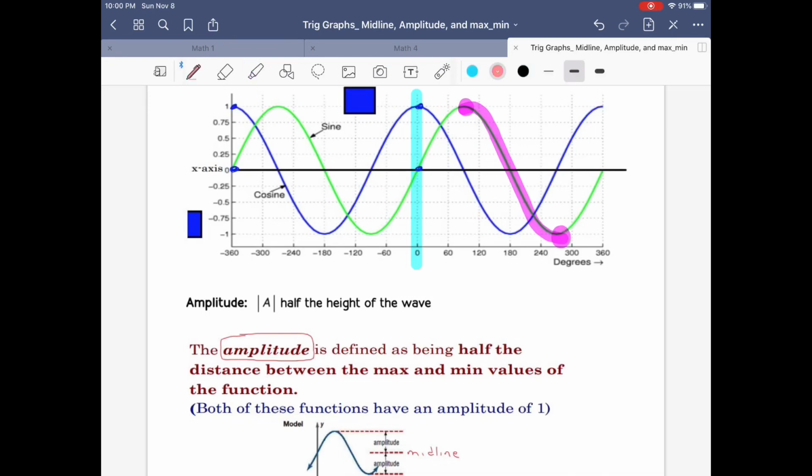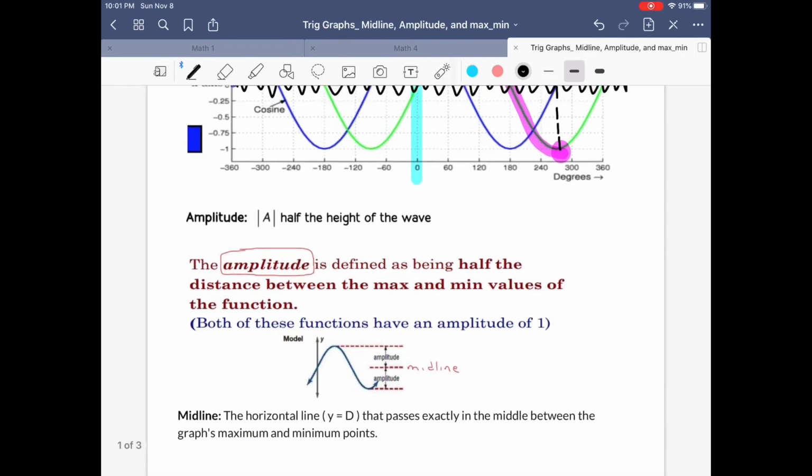So that amplitude that they are discussing in that problem is actually going to be that half distance, okay? And that half distance is going to be represented by what they call the midline. So the midline is the line that actually splits your wave in half, okay?